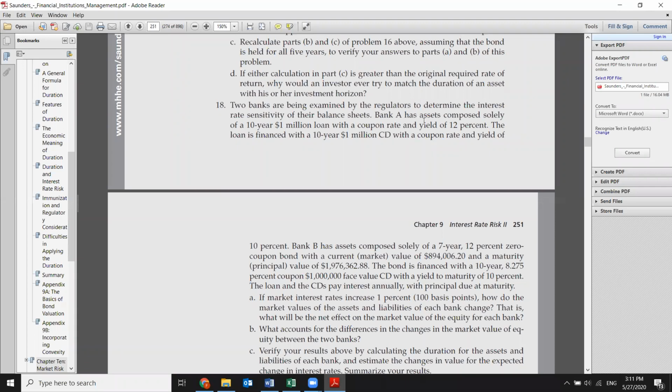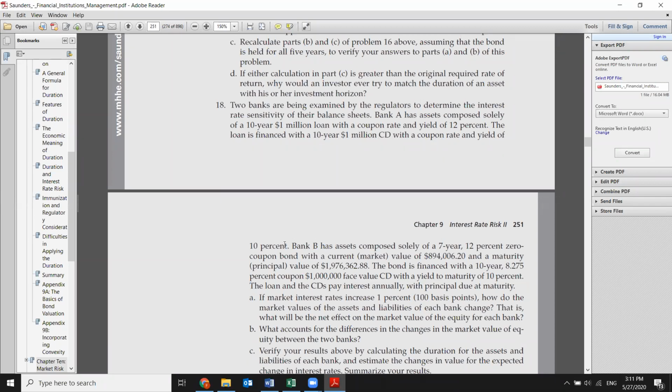Bank A has assets composed solely of a 10-year, 1 million loan with a coupon rate and yield of 12%. The loan is financed with a 10-year, 1 million CD with a coupon rate and a yield of 10%.